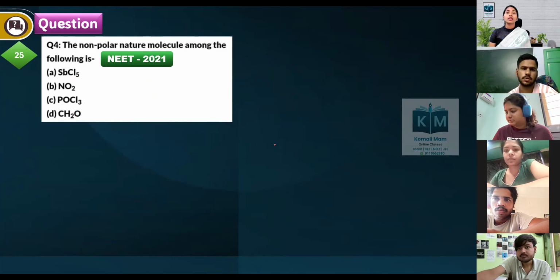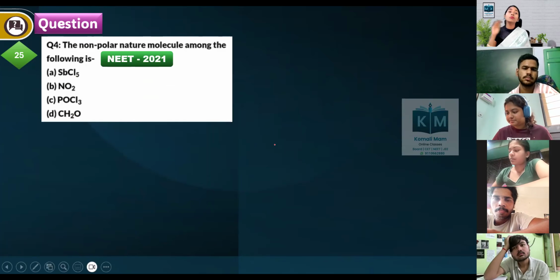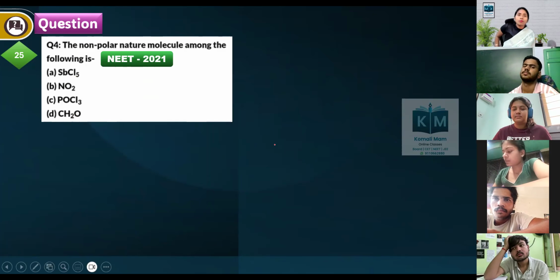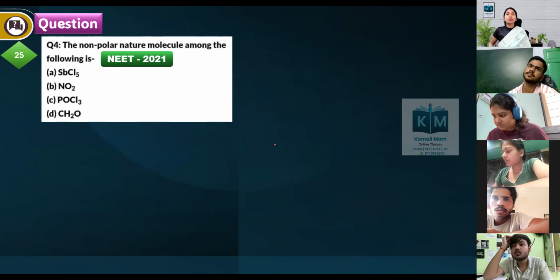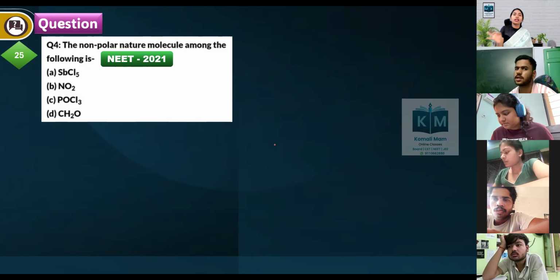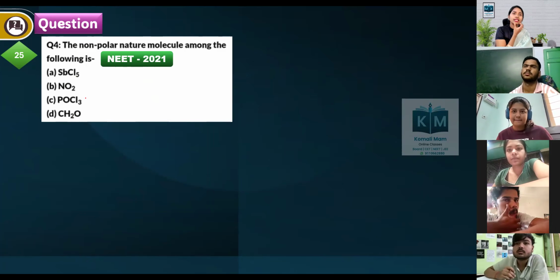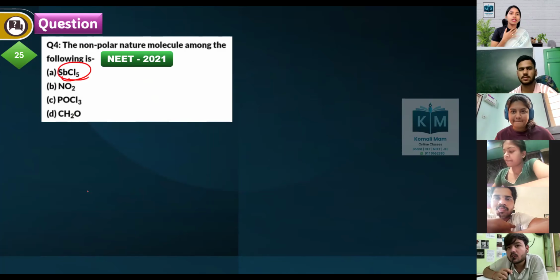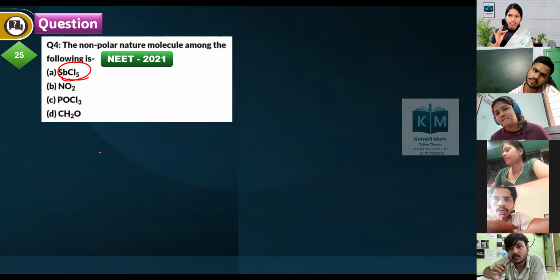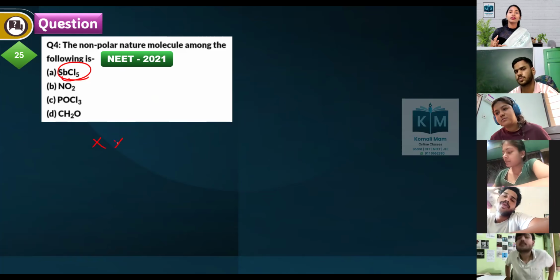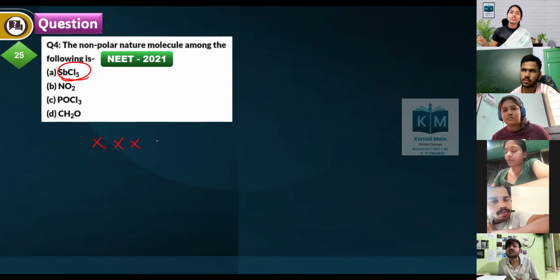Okay, next one. The non-planar molecule among the following is non-polar. Non-polar molecule means it should be a perfectly symmetrical molecule. Which is a perfectly symmetrical molecule? Let's count for SbCl5. Antimony belongs to the nitrogen family: nitrogen, phosphorus, arsenic, antimony. It has 5 electrons in the valence shell.